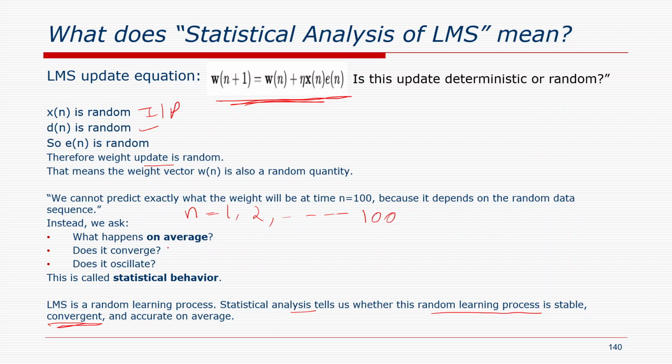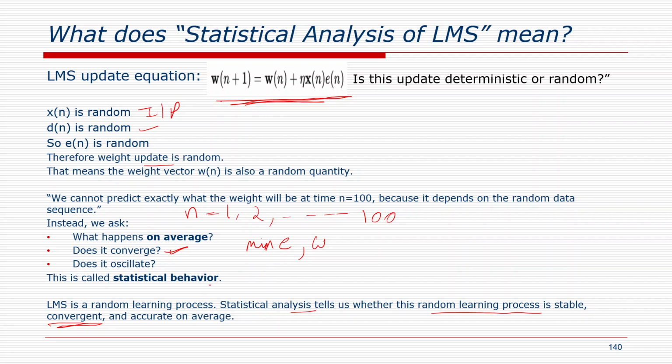But this will tell us whether the algorithm is converging, in the sense that I am going to get a minimum error. Because I would have started with a random weight, my error would be much higher at the start. But as I keep going on, will my error get minimized as we keep updating our weights? That is the question mark.